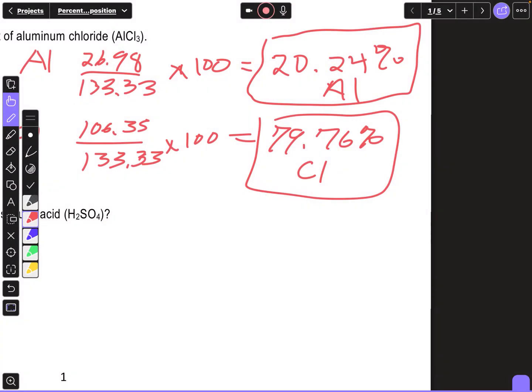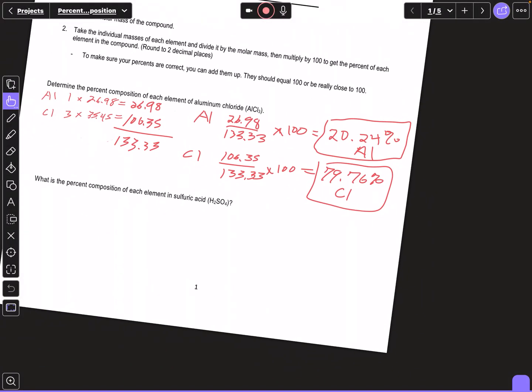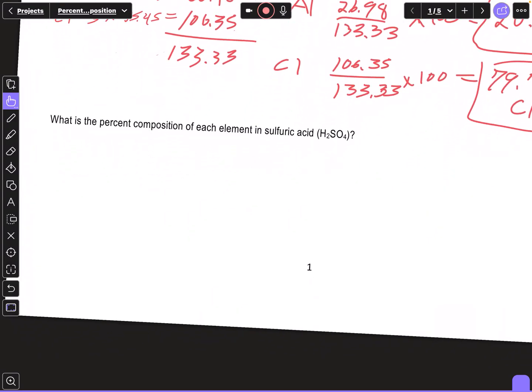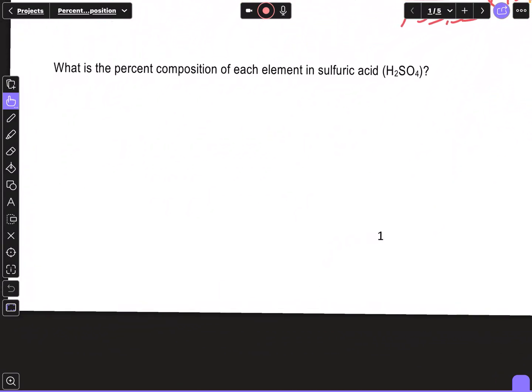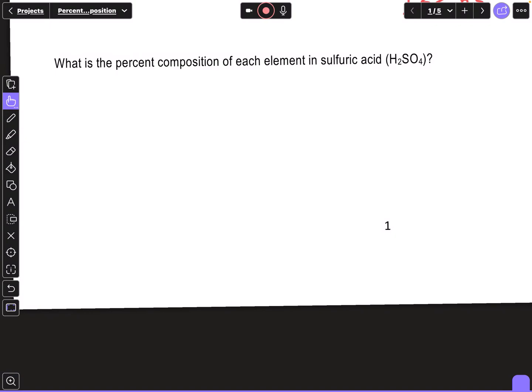So next problem was the percent composition of each element in H2SO4. That's sulfuric acid. First, I'm going to find the molar mass. It's made up of hydrogen, sulfur and oxygen.